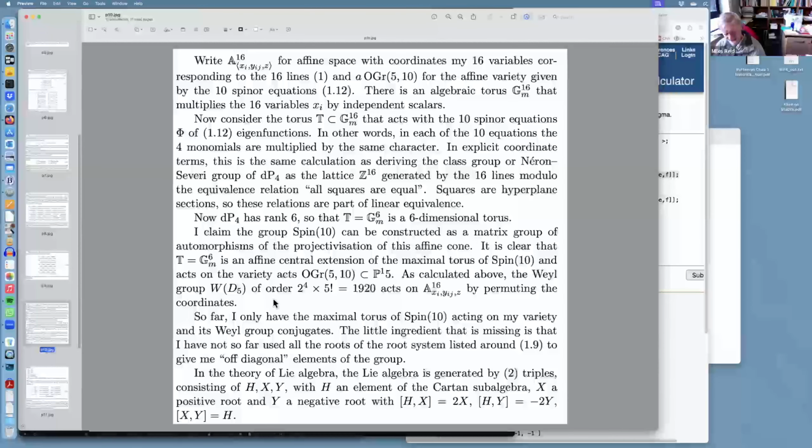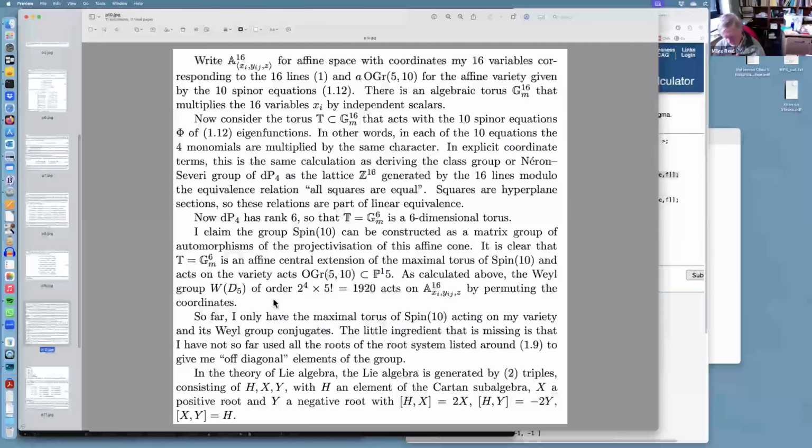So, in Wednesday's lecture, I was talking about the matrix group SL5, and then it had a diagonal subgroup. So if you only have the diagonal subgroup and permutation matrices, you only have a kind of thin slice of the group.